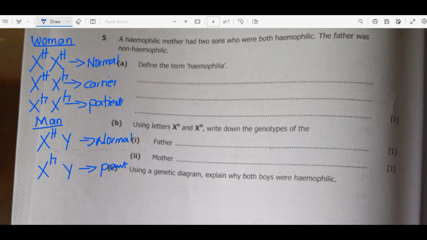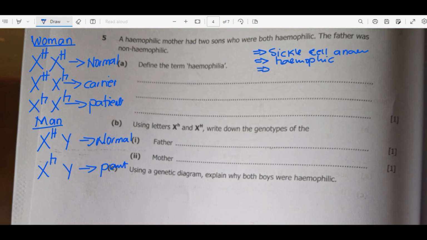Now, after we've looked at this, let's look at the examples of sex-linked characteristics. The first one, we can look at sickle cell anemia. The second one, we can look at hemophilia.